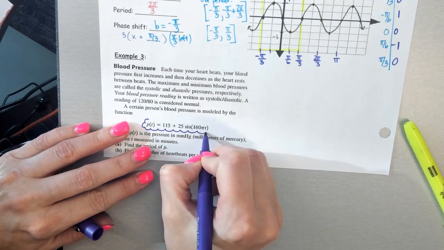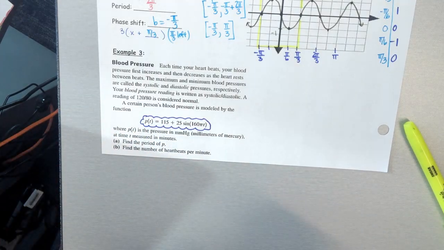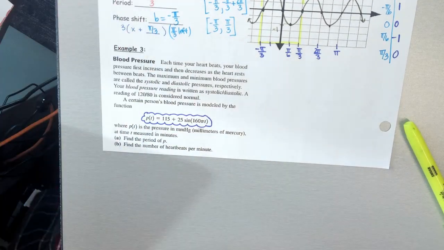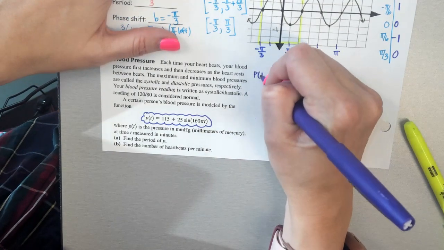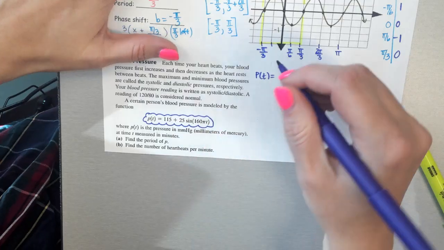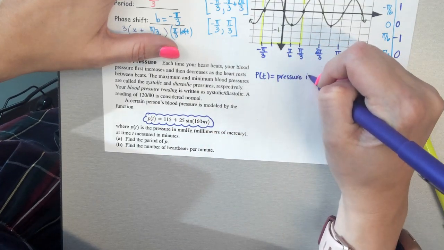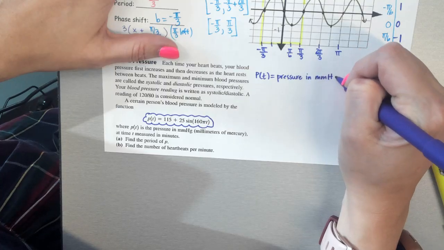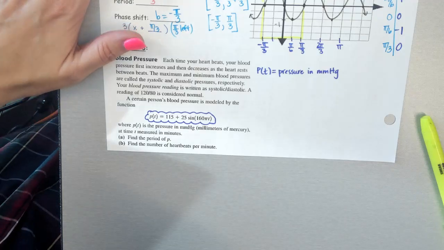P of t equals 115 plus 25 sine of 160 pi t. And it says your P of t is going to be the pressure in mmHg. That stands for millimeters of mercury.